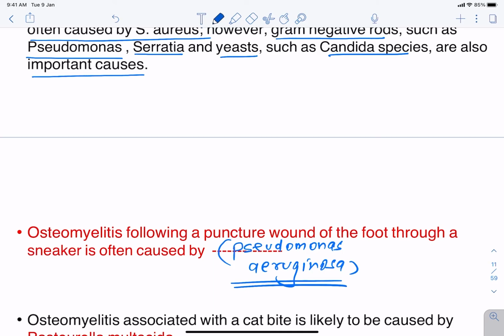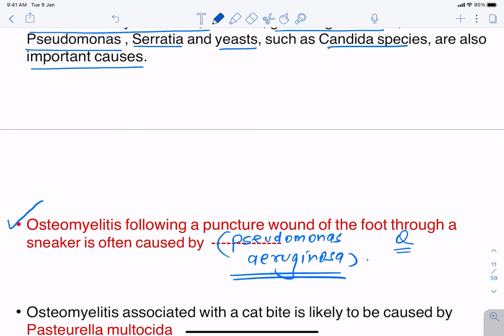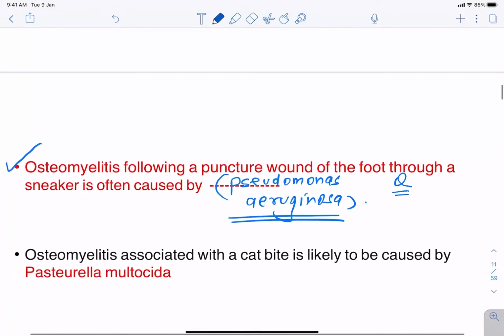Pyocyanin and pyoverdin. The cues I am marking are very important; definitely you will find them somewhere. So osteomyelitis following a puncture wound in the foot through a sneaker is often caused by Pseudomonas aeruginosa. Now you tell the next one. The osteomyelitis associated with the cat, or you can add here the dog.